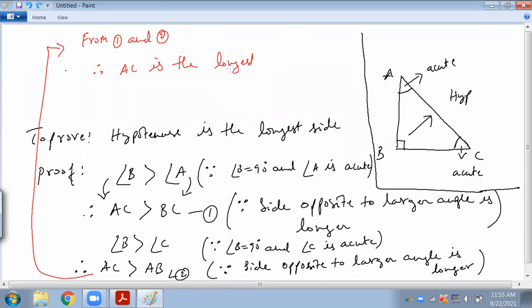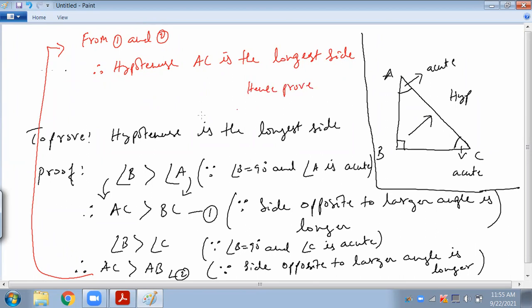Therefore, we can write: hypotenuse AC is the longest side. That is your answer.